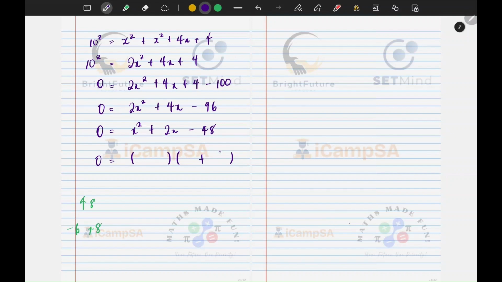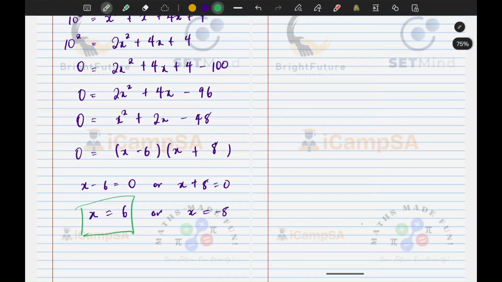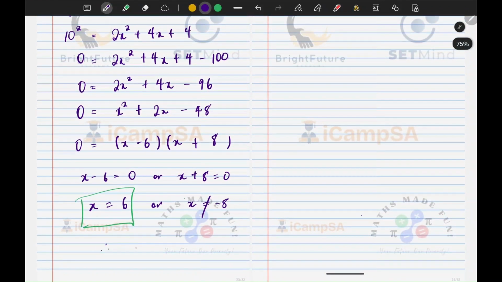So we are going to have plus 8 and minus 6. Therefore x minus 6 is equal to 0, or x plus 8 equal to 0. x is equal to 6, or x is equal to negative 8. So the answer that we are going to choose is the positive one, because we cannot have a negative dimension. So this will not be our answer. Therefore our x is going to be equal to 6 centimeter.